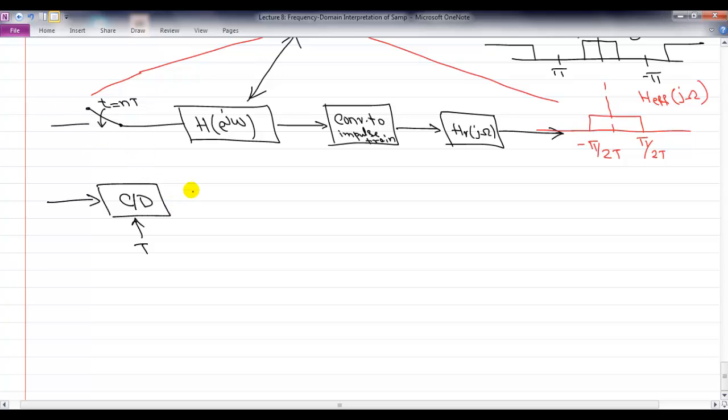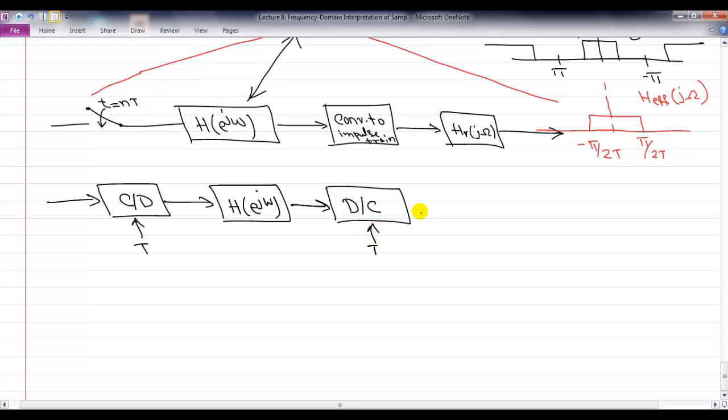You have 1/T for this, then you have the filter H(e^{jω}), and then for both of these things with the ideal low pass filter, you have discrete to continuous, T. So this is equivalent, and what this means is that the input-output relationship between these three block diagrams is equivalent to Y(jω) equals X(jω) times H effective(jω).